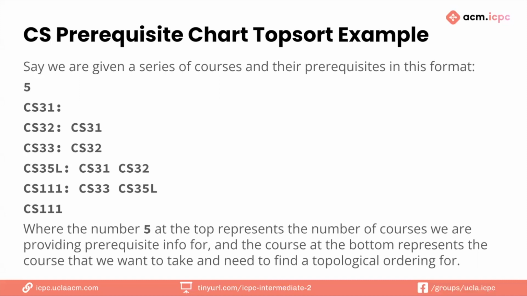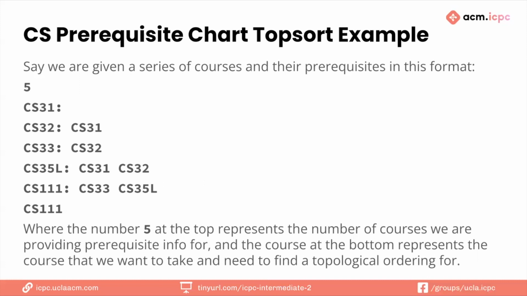Anyone? What's the question again? If we consider this kind of input, where these lines represent the course and its prerequisite courses, what would be the prerequisite courses for CS111?